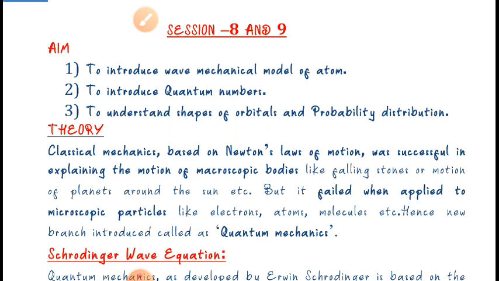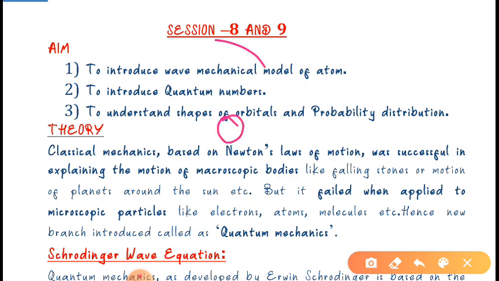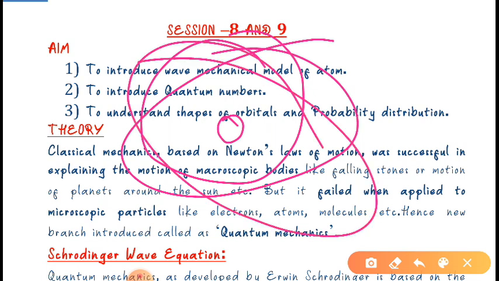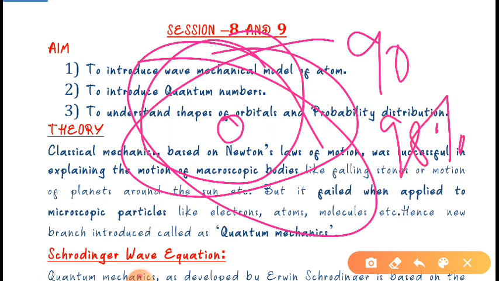Suppose we have this nucleus, and around it the electrons are revolving like this. The region where the electrons can be found with 90 to 95% chance is called an atomic orbital.